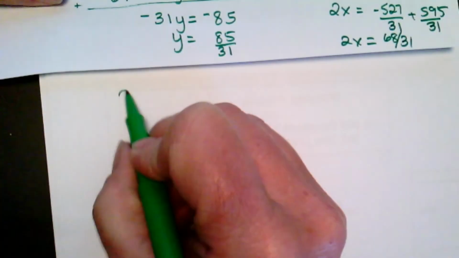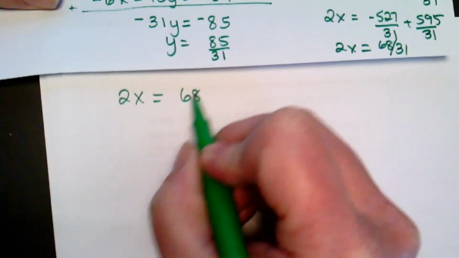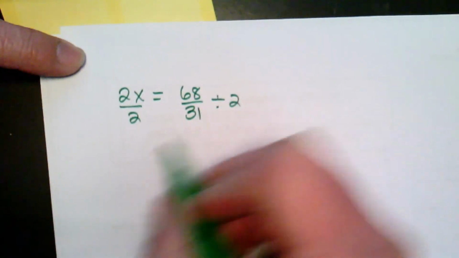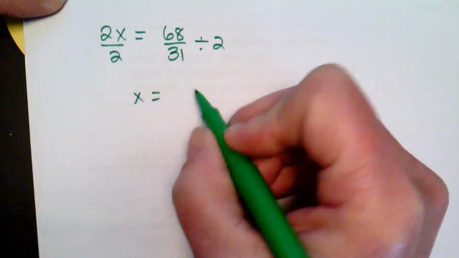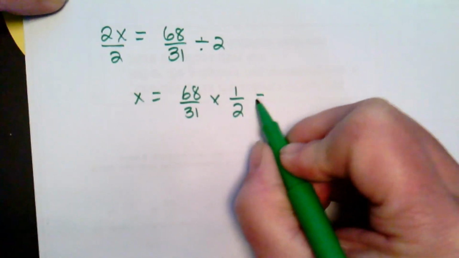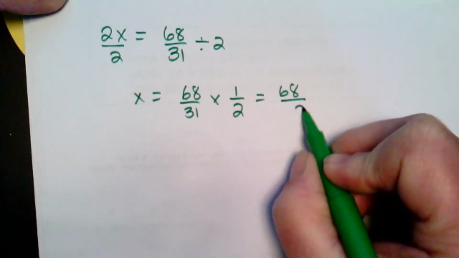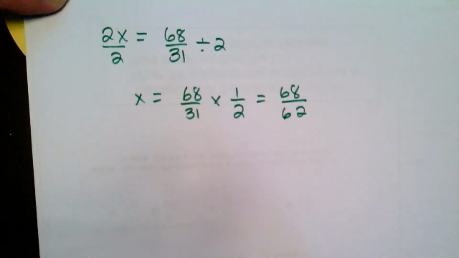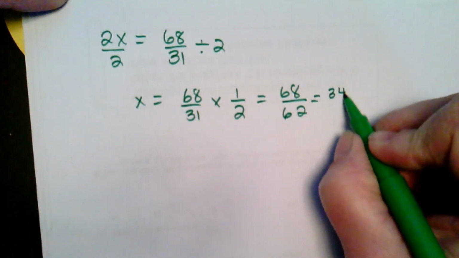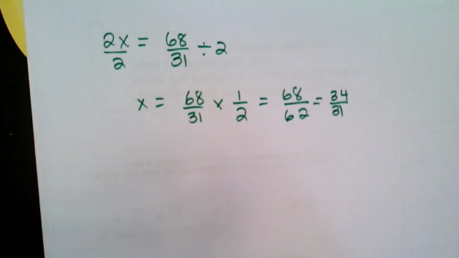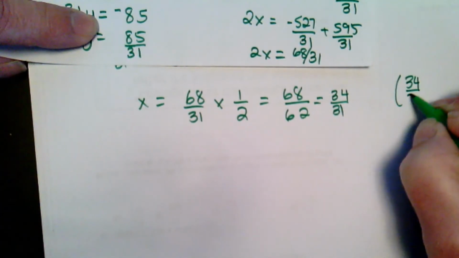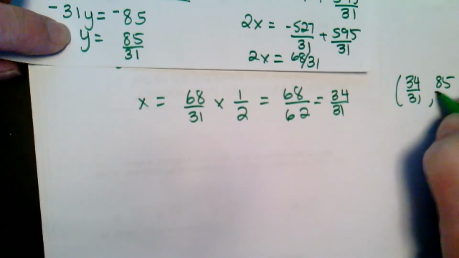So I have 2x equals 68/31s. Then I would divide both by 2. 68/31 times 1/2 is 68/62, which can be reduced to 34/31s. So that one's quite ugly. So that was my x, 34/31, and my y was 85/31.